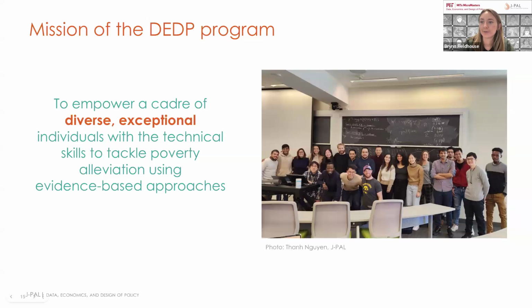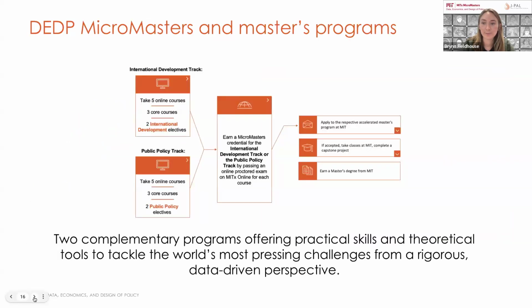And we do this through 2 DEDP programs, an online MicroMasters program and an in-person master's program. The 2 programs are complementary. You must complete the MicroMasters program to be eligible to apply for the master's program. Both programs are designed for learners from diverse backgrounds.